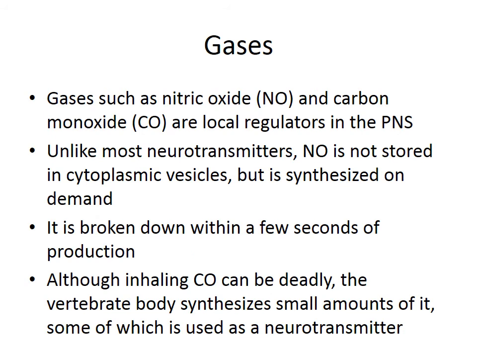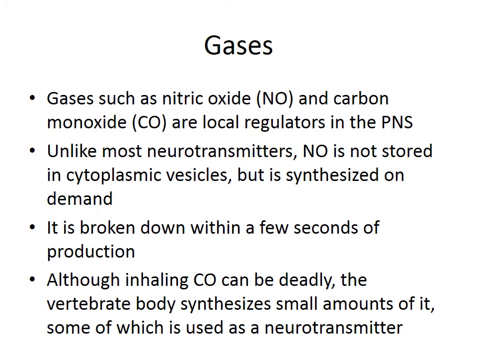And the gases like nitric oxide, which is a very good one, and carbon monoxide, that's also used, believe it or not, even though it's poisonous. Both these gases are poisonous. And they're local regulators in the peripheral nervous system. Unlike most neurotransmitters, nitric oxide is not stored in cytoplasmic vesicles, but is synthesized on demand. It's that bad.